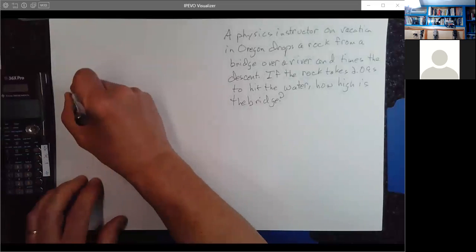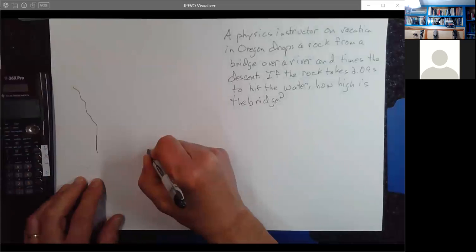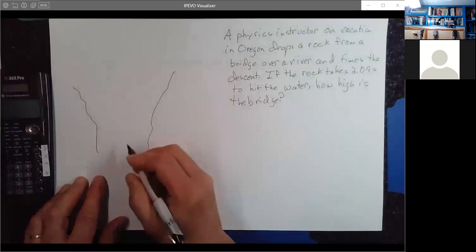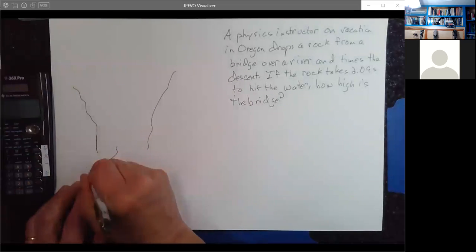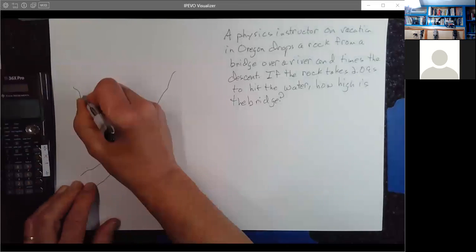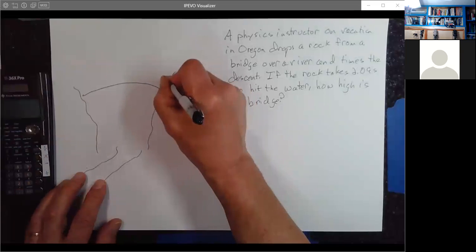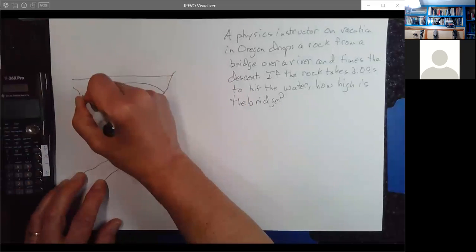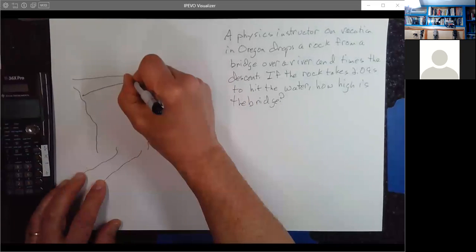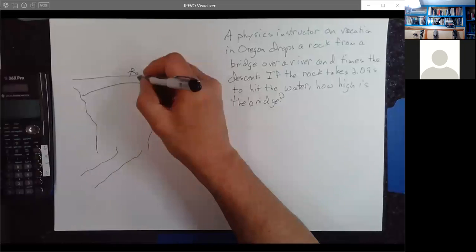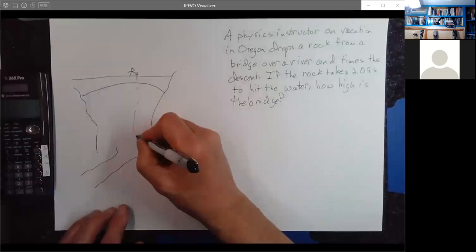It looks like a fairly narrow chasm, and the water is flowing down there in the bottom. And there's this bridge up there, and it's an old bridge. I don't know when it was made, but it's kind of a neat old thing. And you can stand up there on top and drop a rock from the bridge and have it drop into the water.